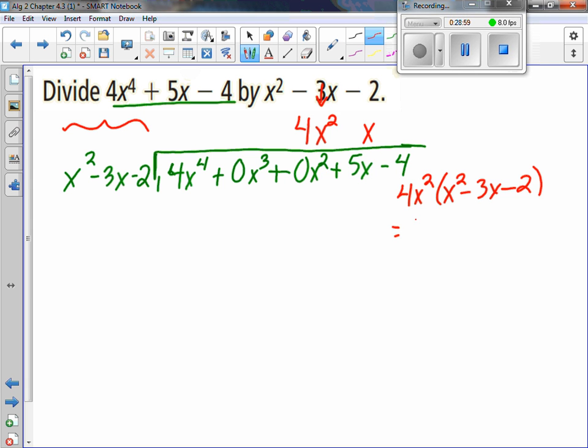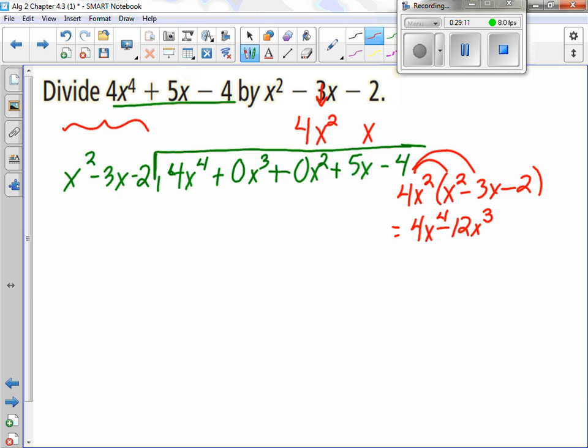Because we'll have 4x to the fourth. We have to have that one. Because 4x squared times x squared would be 4x to the fourth. Now, 4x squared times negative 3x is negative 12x cubed. And 4x squared times negative 2 would be negative 8x squared.